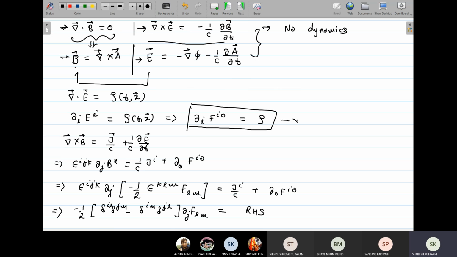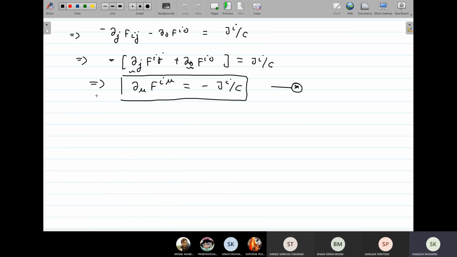So this relation together with this relation, I want to write in a combined way. If you combine these 2 equations, you will get del mu F mu nu. Instead of writing I in the first position, I will write I in the second position, so there will be plus sign.